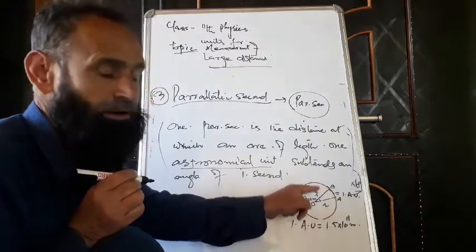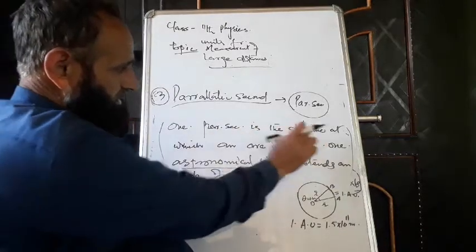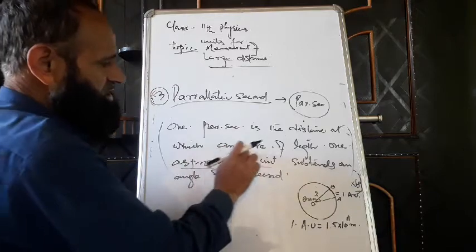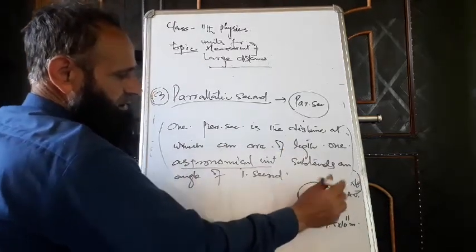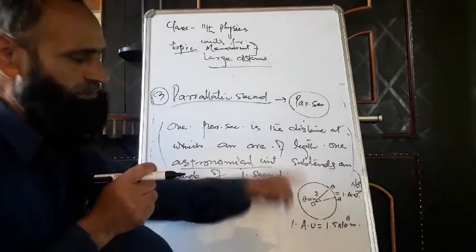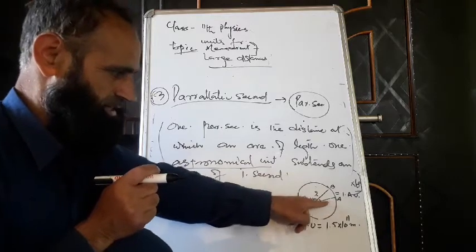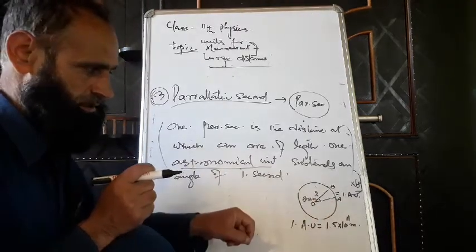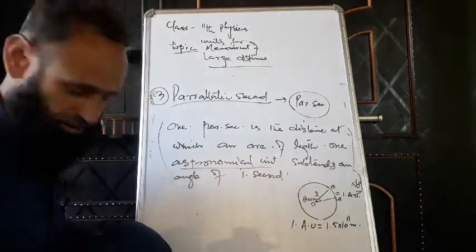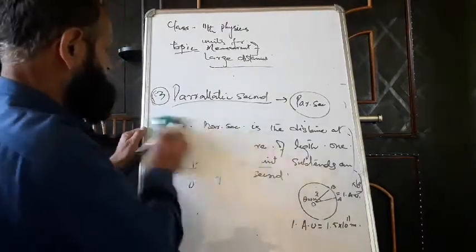So we can say 1 parsec is the distance at which an arc of length 1 astronomical unit subtends an angle of 1 second. This length is equal to 1 parsec. Now we can find how much distance 1 parsec is equal to.